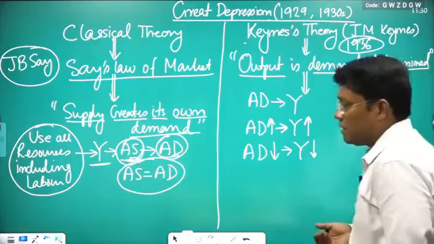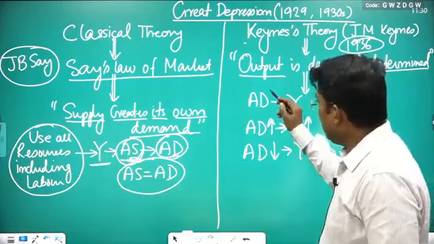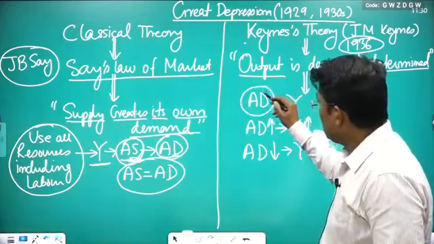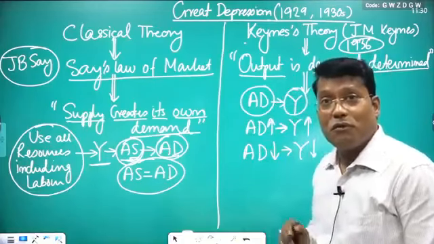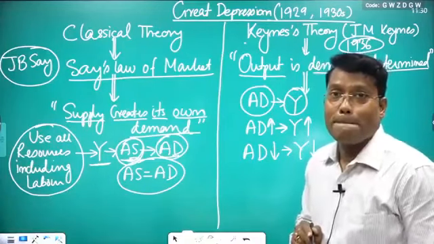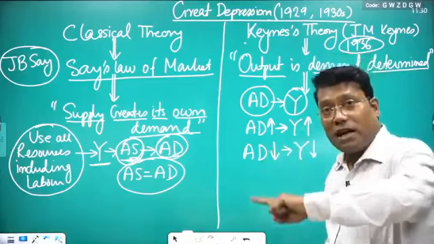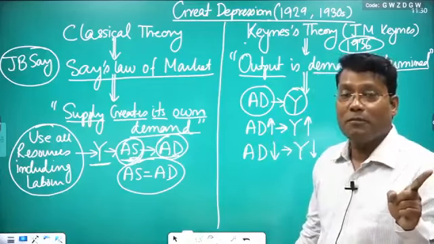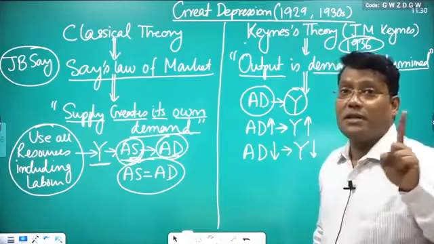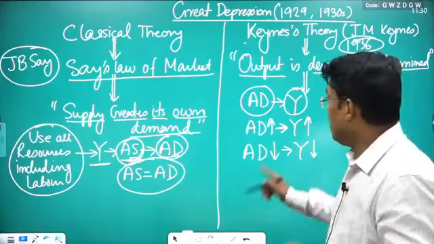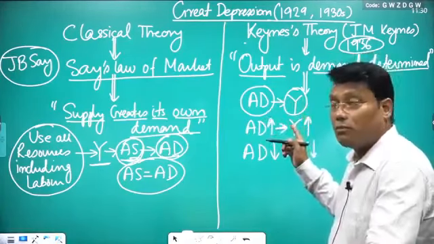It means what? Keynes is saying that aggregate demand is going to decide the level of output, just opposite of classical theory. Classical theory was saying that supply is going to create aggregate demand, but Keynes says no, no, no. Aggregate demand is going to create the aggregate supply. Aggregate demand is going to decide the level of output.